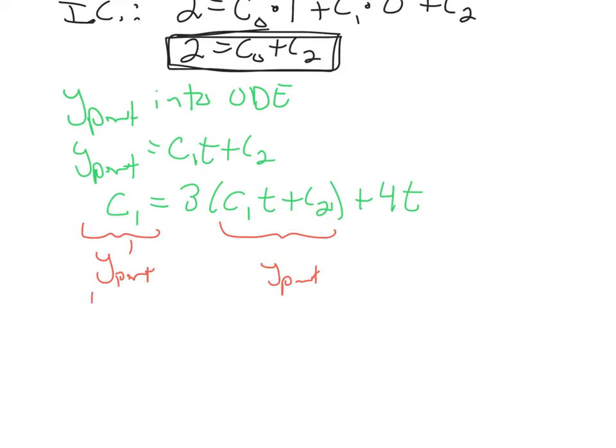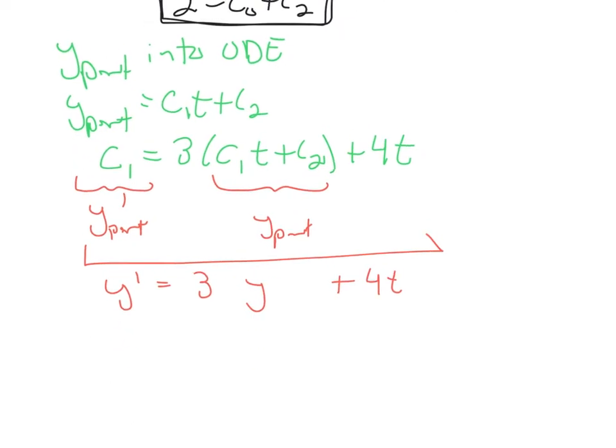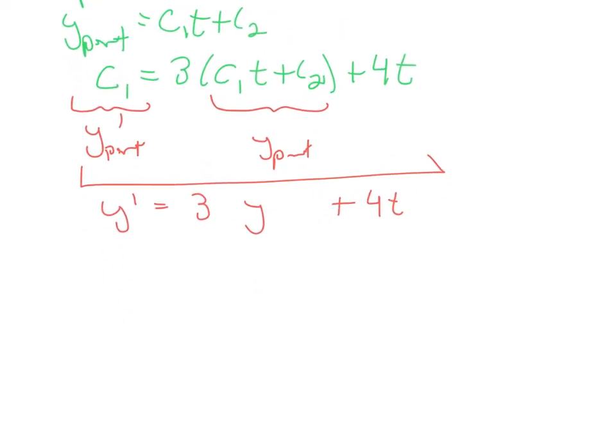And this whole thing is y prime equals 3y plus 4t. So notice I just replaced the y's with the particular solution. But now I just get to do a little bit more detective work. Nothing too crazy here. C1 equals 3C1t plus 3C2 plus 4t.